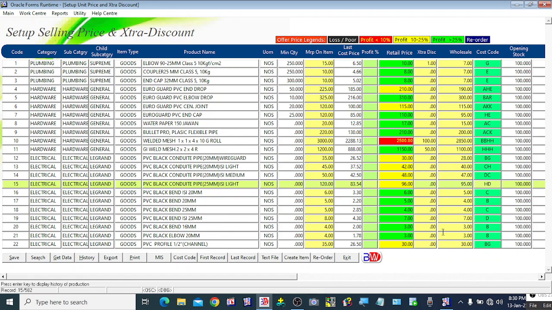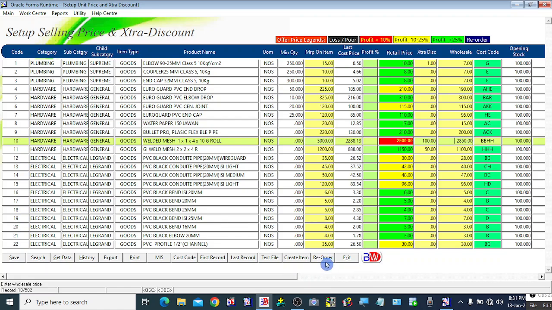Also, you can set up or modify retail selling price, extra discount and wholesale price at any moment. Here in the bottom side we can see one reorder button.